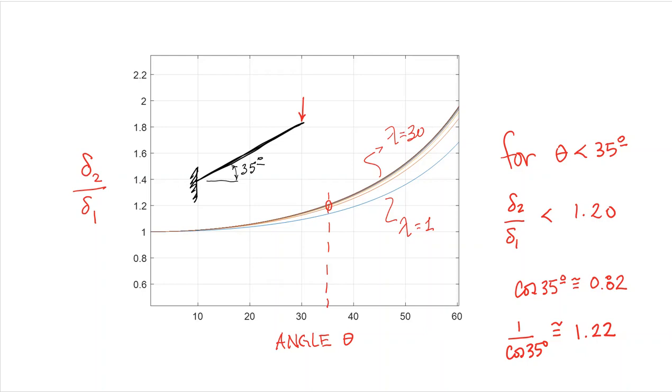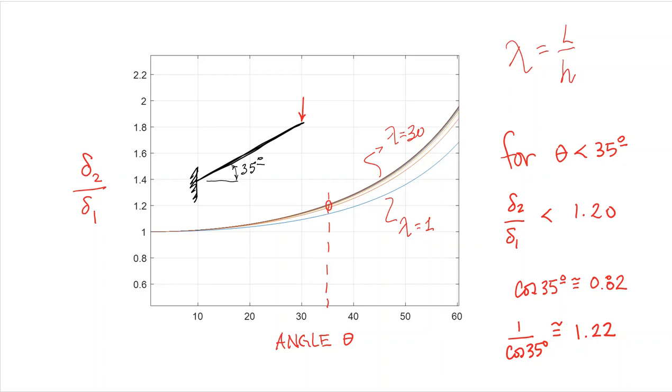And just to get a sense of this, we also plotted here with different values of lambda slenderness. If you recall, we said lambda was L divided by H. And here you can see on the bottom, lambda equals 1, so a really thick beam, and then on the top, lambda equals 30, a very, very slender beam.